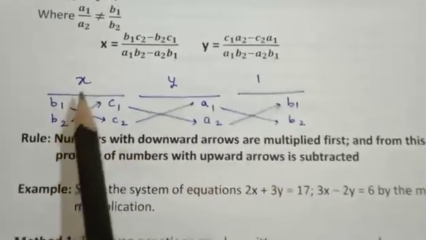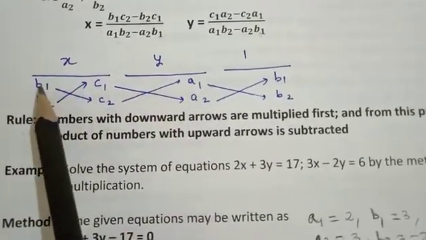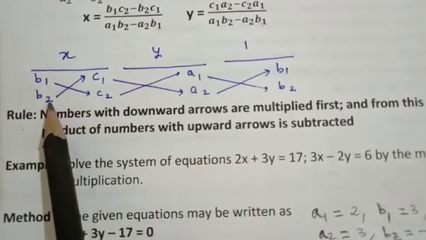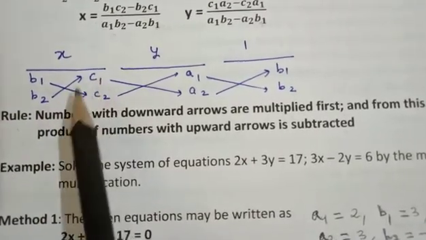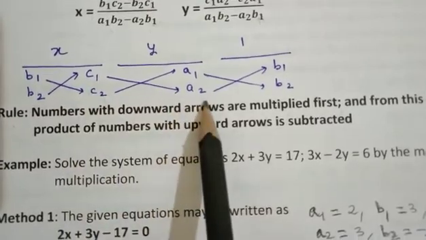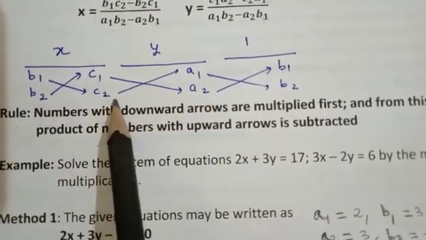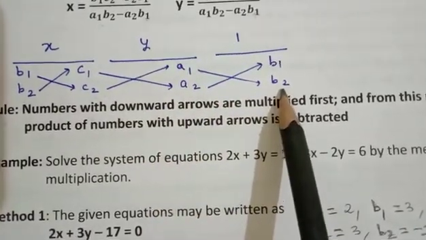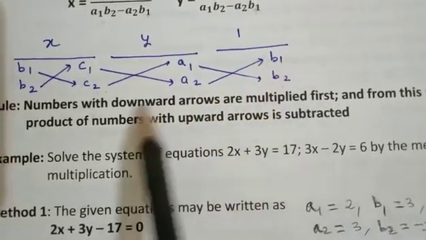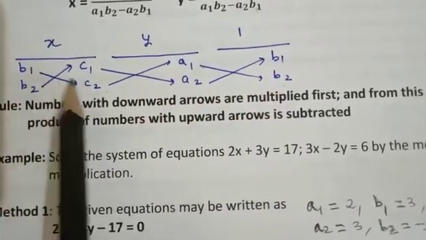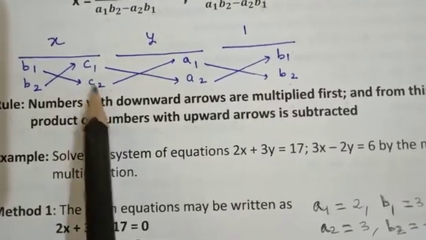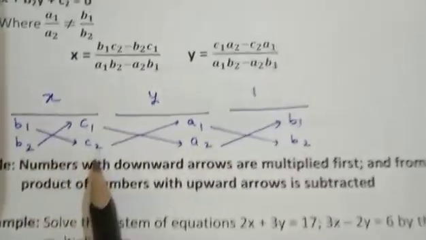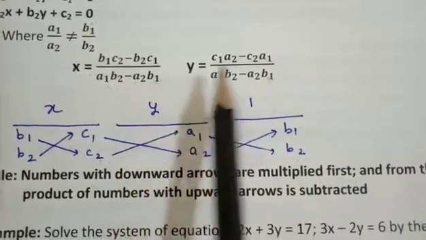So if I come to this diagram here, first we have to multiply b1 into c2 minus b2 into c1. In the same way, c1 into a2 minus c2 into a1, a1 into b2 minus a2 into b1. The upward arrow is first multiplied, and from that the downward arrow is subtracted, and from this we have got the value of x and y.